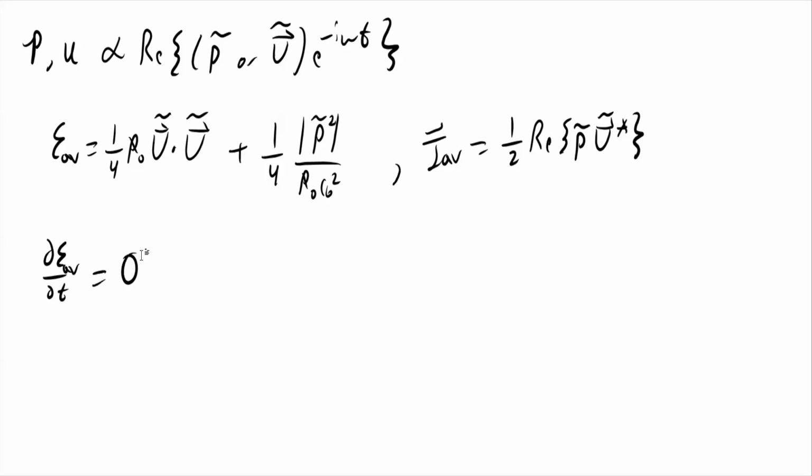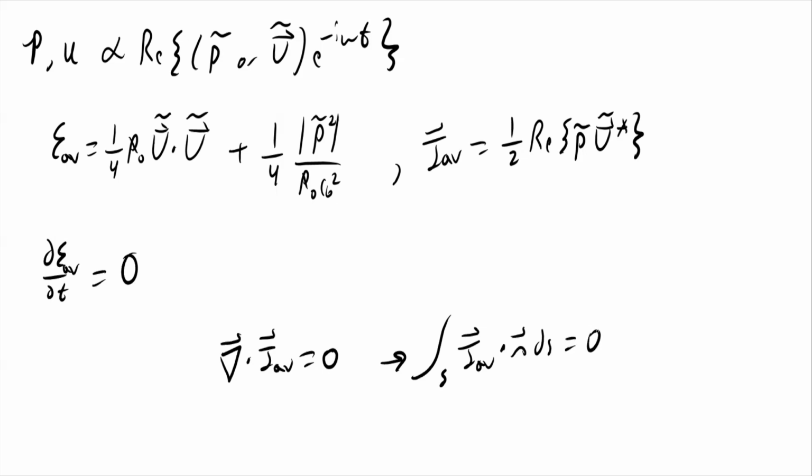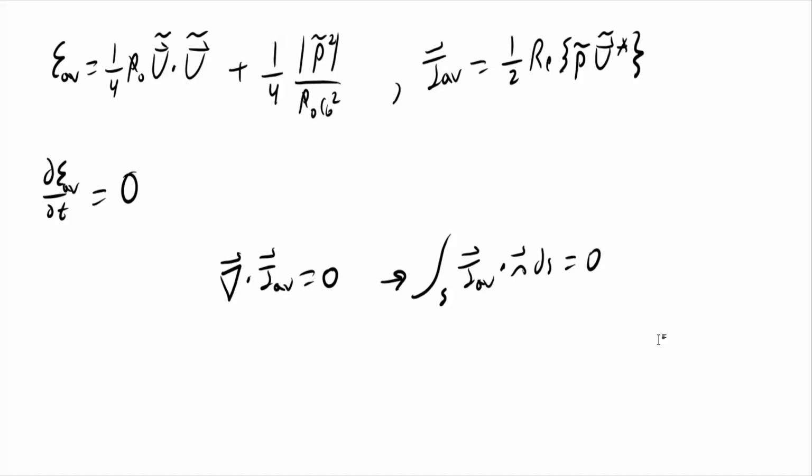If you appeal back to the acoustic energy corollary and take the time average of it, all you're left with is that the divergence of the time averaged intensity is 0. Or if you are integrating over some surface S, the integral of the time averaged intensity dotted with the outward normal n, so earlier n was the direction of propagation, now it's the outward normal, turns out to be equal to 0.